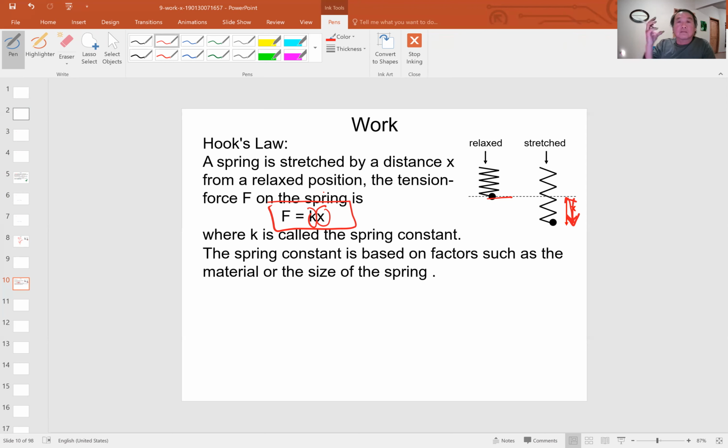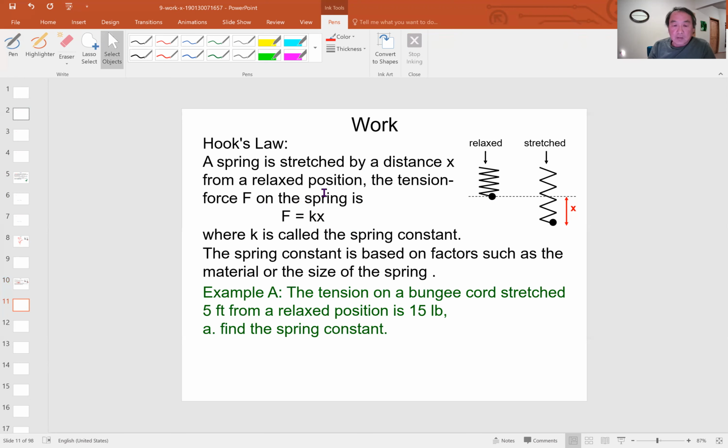The further you stretch, the greater the force of contraction, and it's directly proportional to the distance. That constant depends on what kind of spring it is. Some springs are really tight, really hard to pull, but some springs are loose. A Slinky is really loose, really easy to pull. But every spring obeys this law, so each spring has a spring constant.